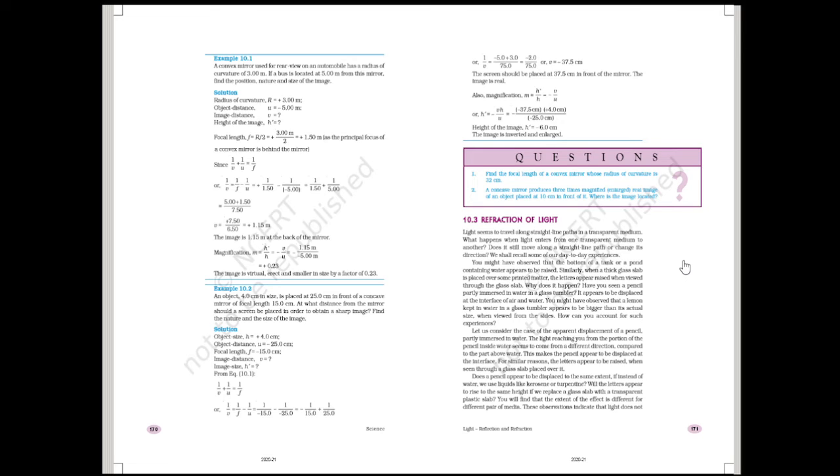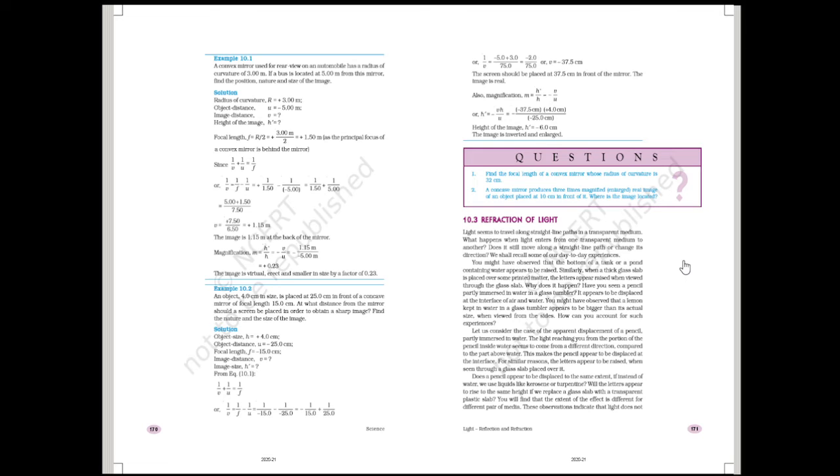But you might have observed that a lemon kept in a glass tumbler appears to be bigger than its actual size when viewed from the side. How can you account for such experiences? Right, it is due to the refraction of light.